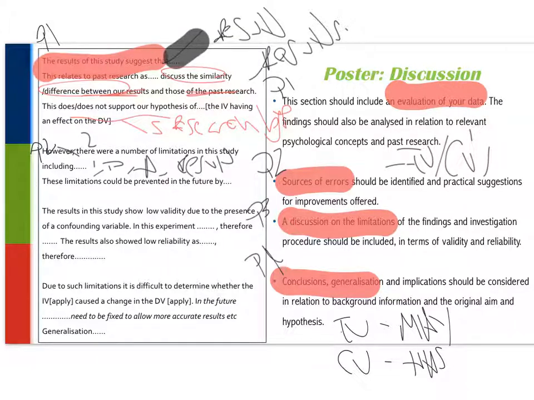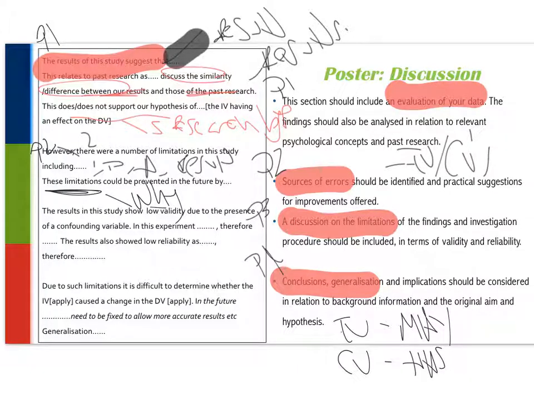So in that second paragraph, we are outlining the EV and the CV, and we're talking about how we could prevent it in the future. Now, it's not enough to just say, for example, that we would use an alternate design like a repeated measures design. You need to tell me what that is and why it's actually going to fix the problem.